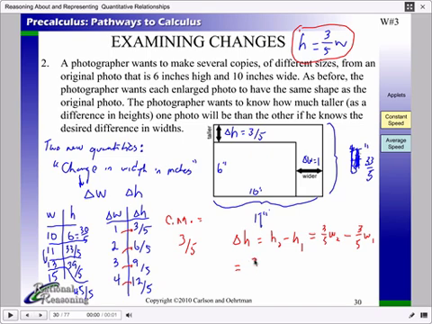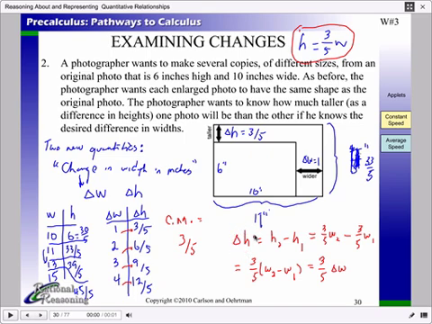Factor out 3/5. What is W2 minus W1? Delta, that's the change in width, right? So what do we get?